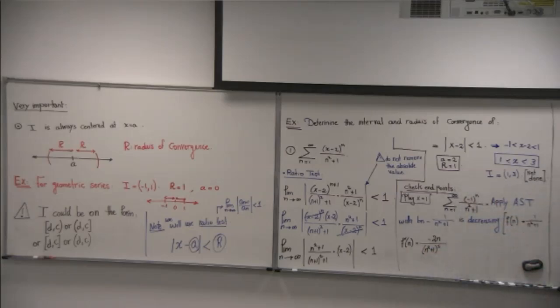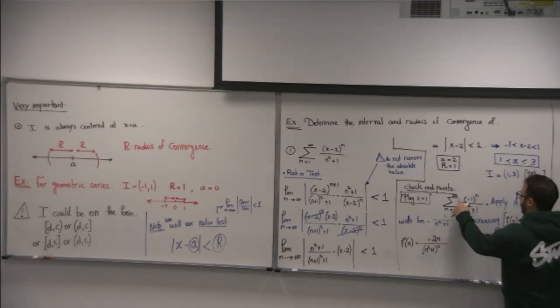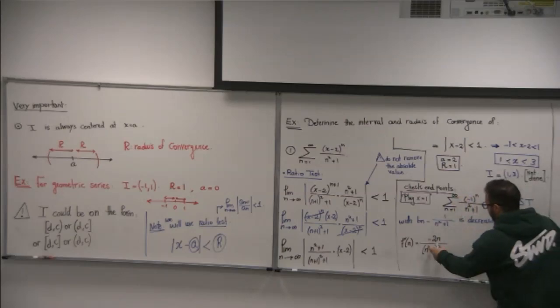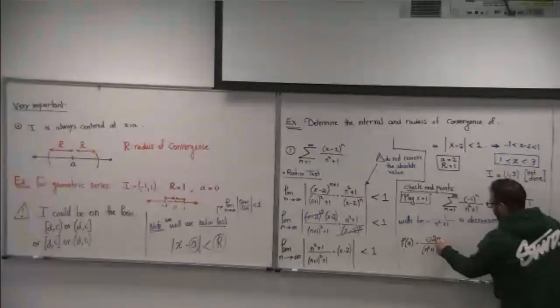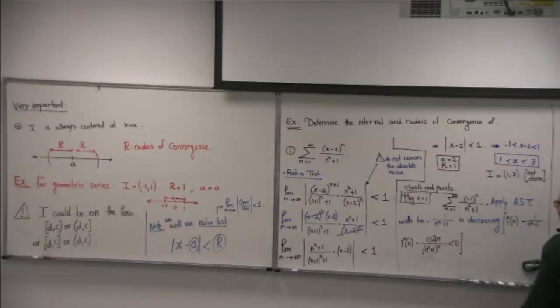You can apply the quotient rule to end up with this. Now, 2n is always positive because n is from 1 to infinity, and n squared plus 1 all squared is always positive because it's a square. So I have the minus times a positive over a positive, so that's always negative. That's it. So Bn is decreasing.